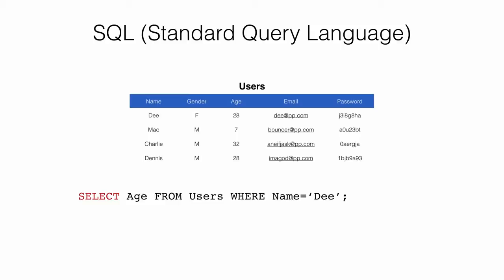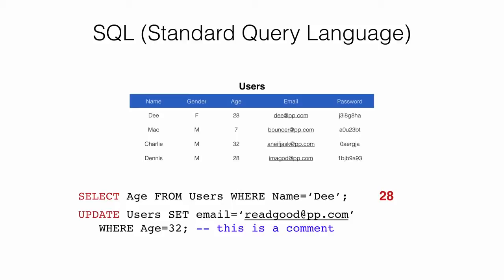This particular select command says, look at the age fields in the users table and select all of them where the same record has the name D. So looking at the table, we can look at the name column to find the users whose names are D, and then select out the age column from those records. In this case, the answer would be 28.